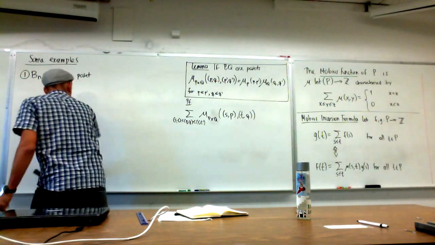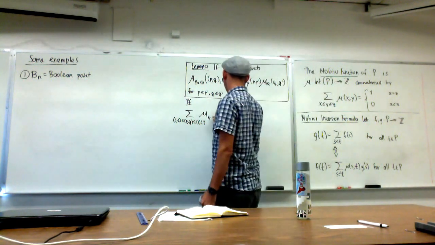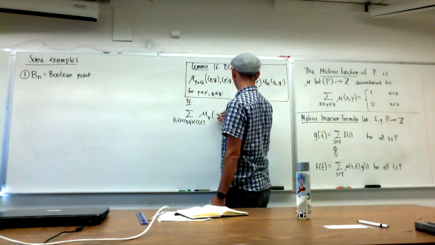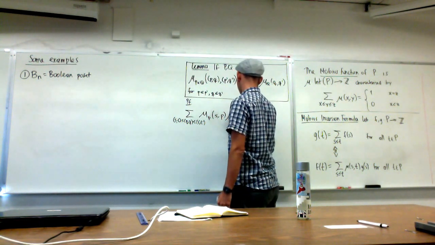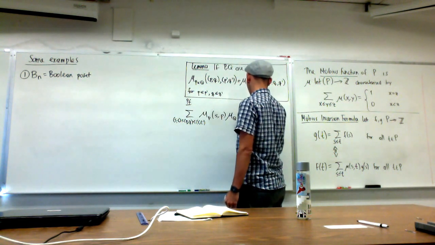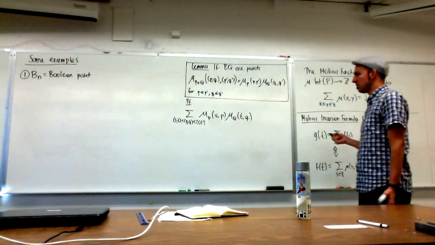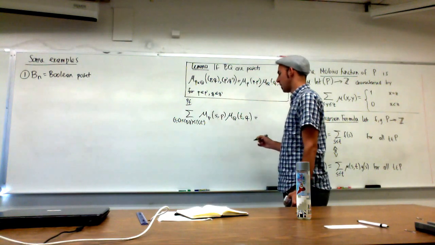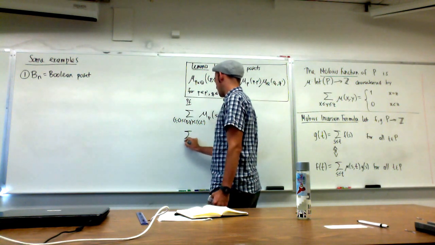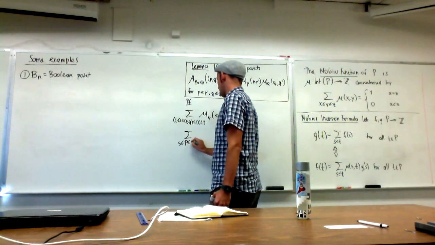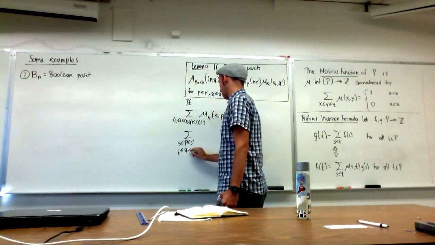So let me take this thing and just compute S to P, T to Q. And I need to prove that this is 0. But then we're summing over P and Q that satisfy it, right? So this means that P has to be between S and S prime, and Q has to be between T and T prime. Okay?